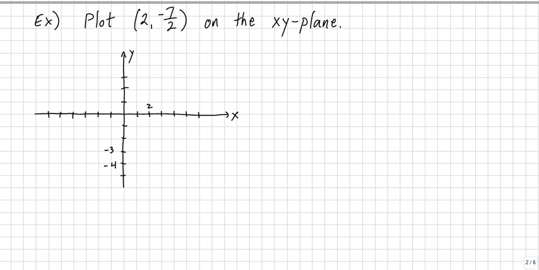To plot this, we picture a line through 2 and a line through -3.5, and where those intersect is where we plot the point.